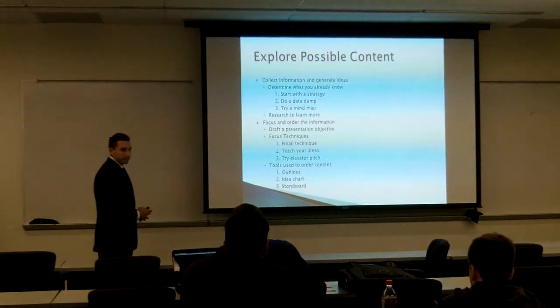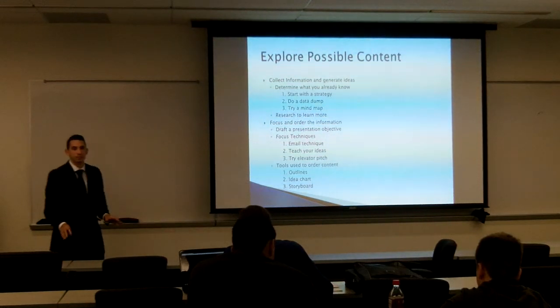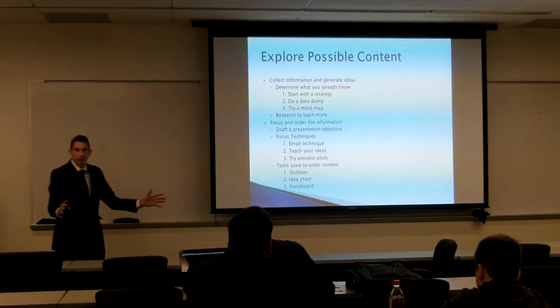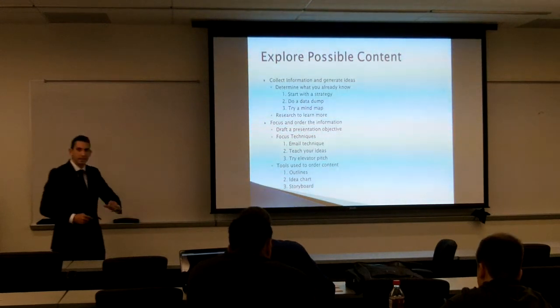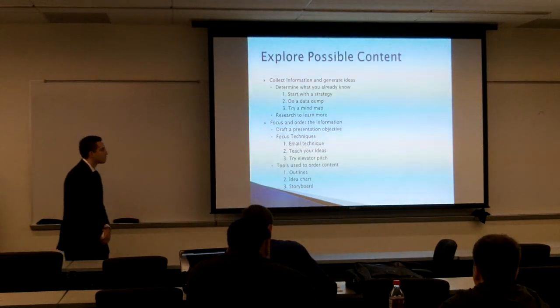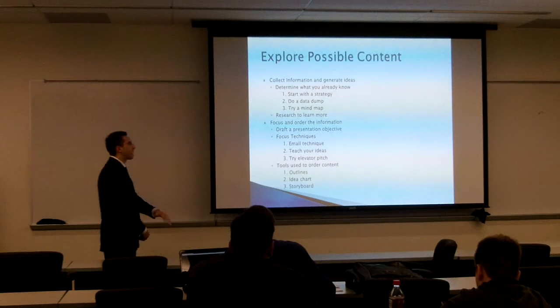You can do a data dump. Basically, you just write out all the information, ideas, everything you can think of on a big piece of paper, and then collect everything together. That way you know what you need to talk about and what you need to leave out.